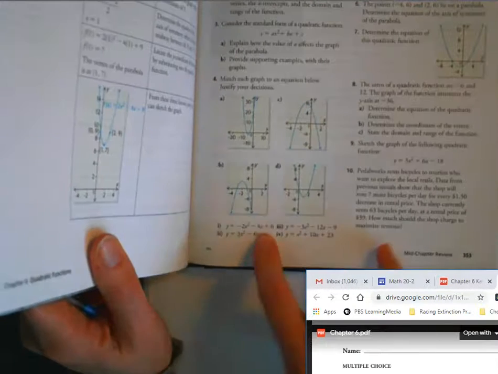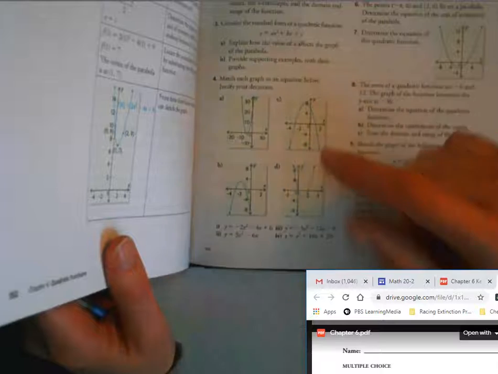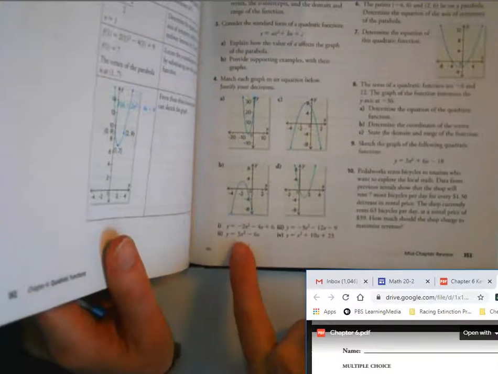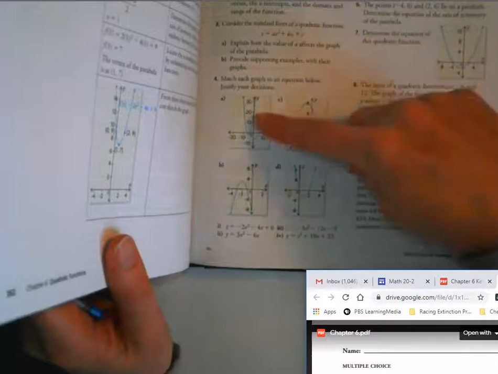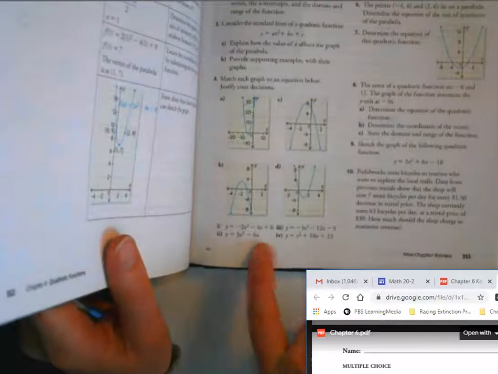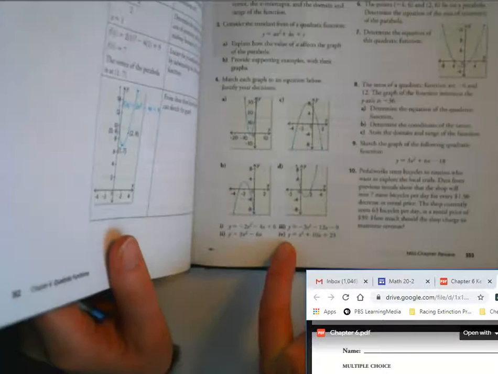For example, like I mentioned to you in the previous email, positive A values are going to be opening upwards. So with this one, we know that A and D are both going to have positive A values, so that could only be 2 and 4.